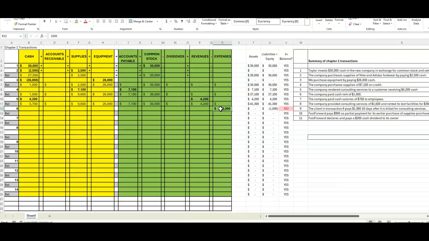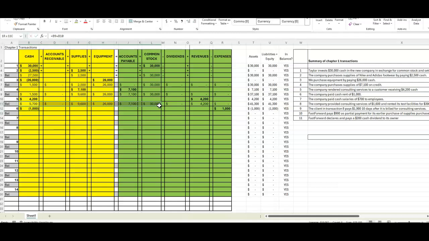So expenses and dividends reduce equity. Revenues and common stock increase equity, and of course liabilities are increased here too. So they haven't been changed right now. But cash went down. We paid cash for $1,000. So negative $1,000 in cash, and you'll see that that makes it balance.